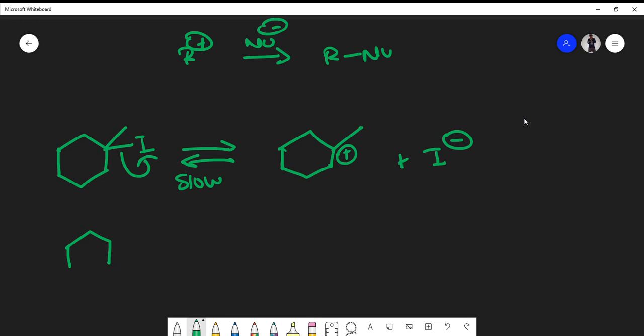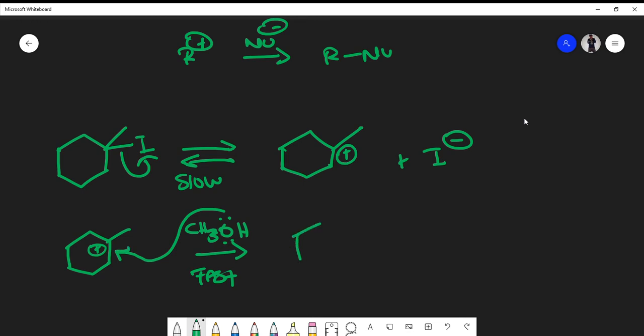Now we could take this carbocation and react it with a nucleophile. In this case, I'm going to use methanol, where the lone pairs on the oxygen will act as a nucleophile. And we're going to say this is the fast step. And this attacks the carbocation.